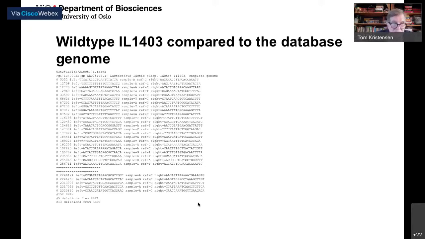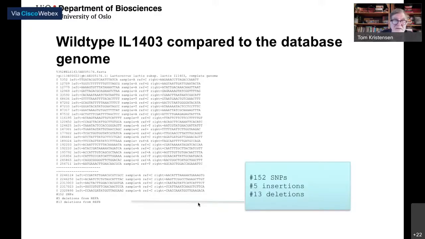Instead, we ended up with more than 150 differences: 152 SNPs, single nucleotide polymorphisms, or differences in one single nucleotide, 5 insertions of not very long sequences, but anyway, and 13 deletions compared to the reference genome, which was kind of a letdown for us.